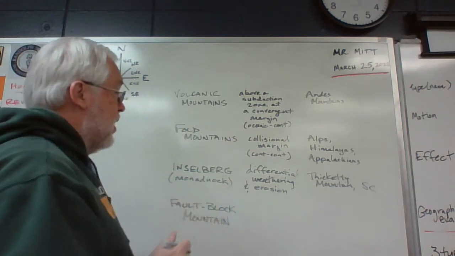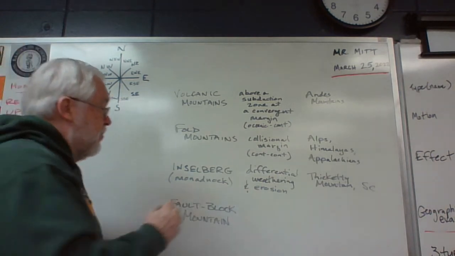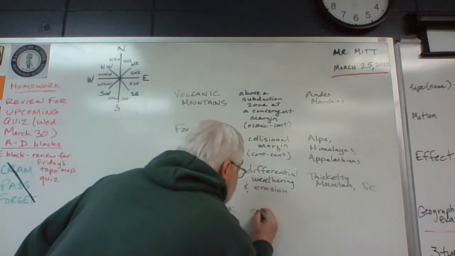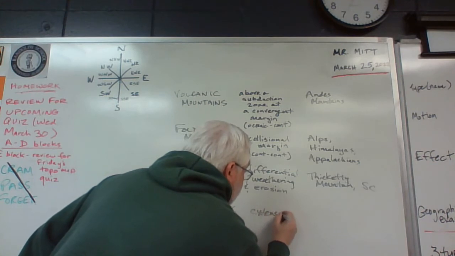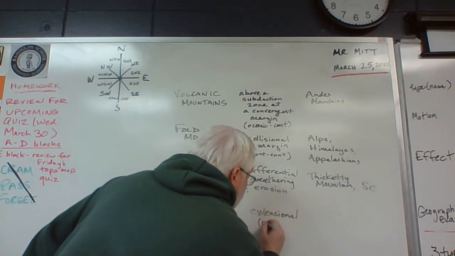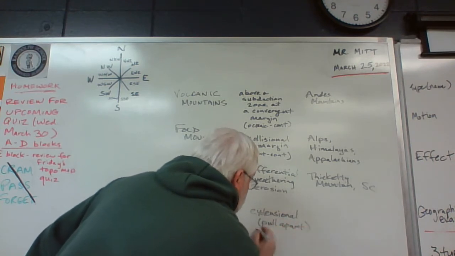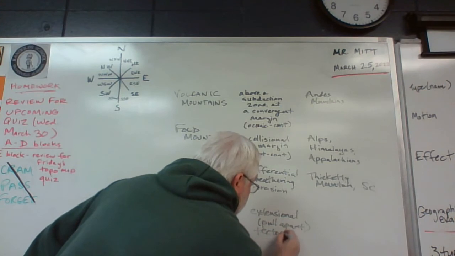And as you may recall from the diagram that I drew on the board, I'm not going to redraw that here, but these form in what's called an extensional or pull apart tectonic setting.